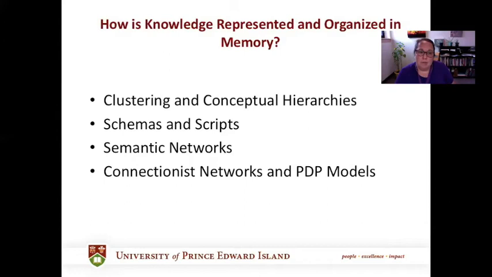We know that we have clustering and conceptual hierarchy, so we'll tend to remember groups of things together, similar or related items. We'll have multiple levels of classification, and that will help us remember. Like when I was doing my biology and my levels of different types of fish, that hierarchy helped me to remember things. We can have schemas and scripts, or stories that we tell ourselves to help us remember. We have semantic networks, and that looks at how things are stored.